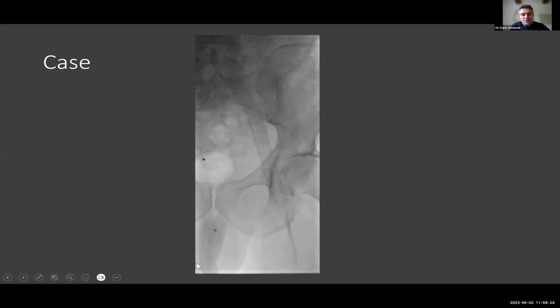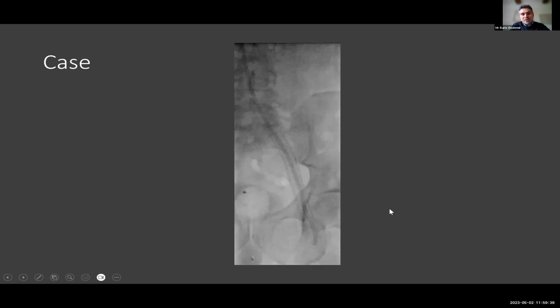I'll just show you the pictures that we took prior to treating the stent occlusion. The contrast that we used goes up to the stent, but the stent itself does not fill with contrast, so it's fully blocked. This long thing here you can see is the Penumbra Lightning catheter, and we've gone through it, sucking out the clot already, and we got a picture that looks like this afterwards.